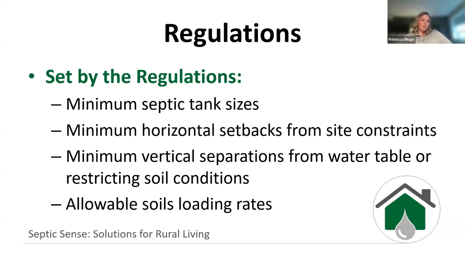Or I have a 5-bedroom house, what size of septic tank do I need? All of that is laid out in the regulations and the codes that we abide by, what we can and can't do with different types of soils. This is actually, so the Alberta Private Sewage Standard of Practice, our code, is available online for free. It's a free download that anybody can obtain for some nice bedtime reading.